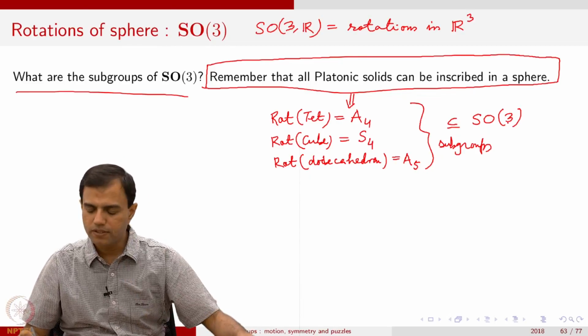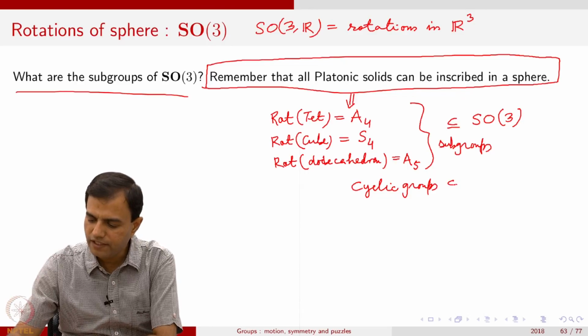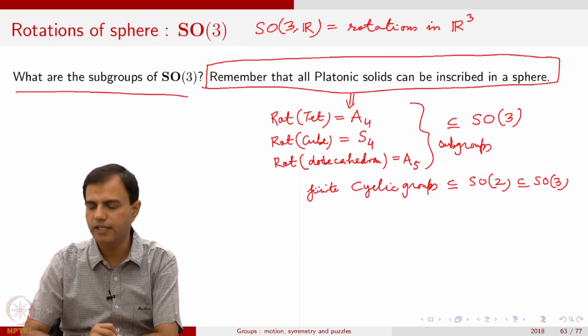And we had also observed last time that cyclic groups, which are anyway subgroups of SO2, are also subgroups of SO3, say finite cyclic groups if you wish.